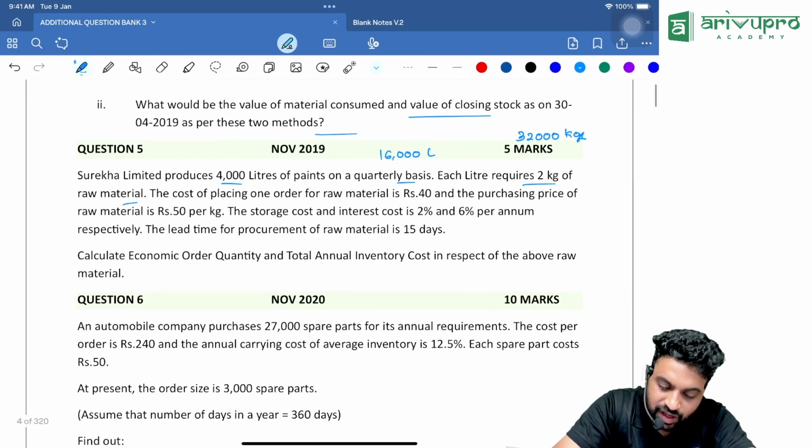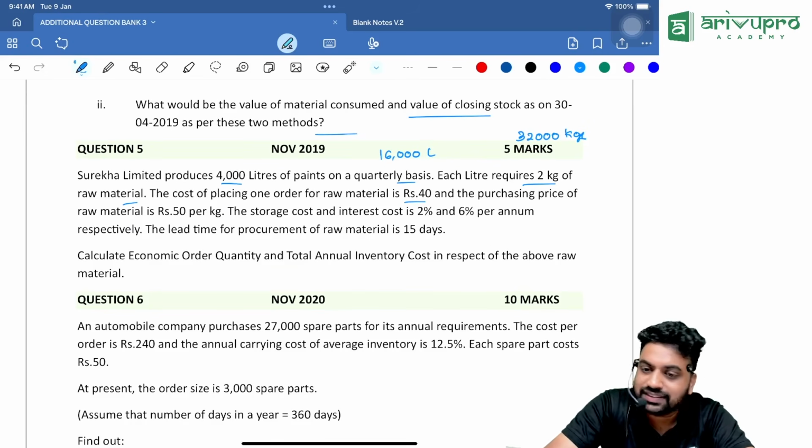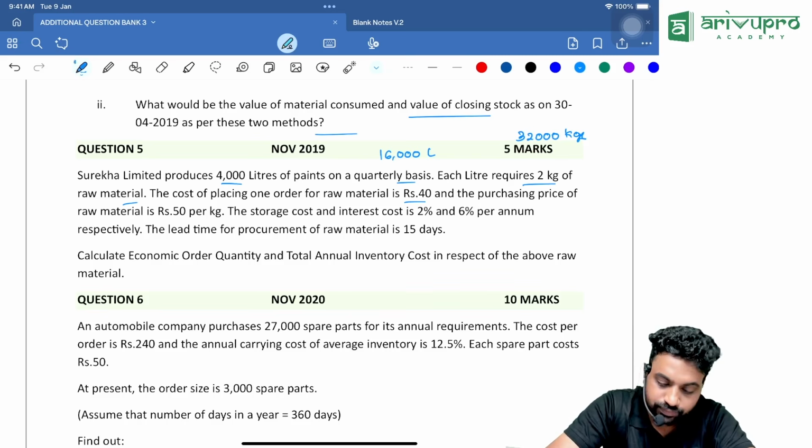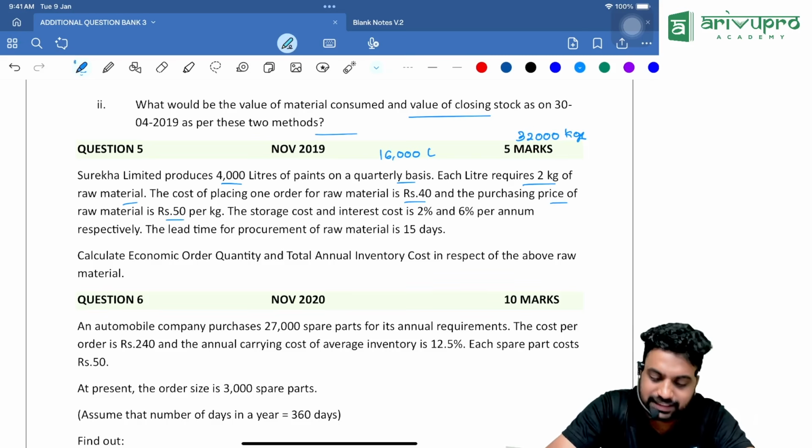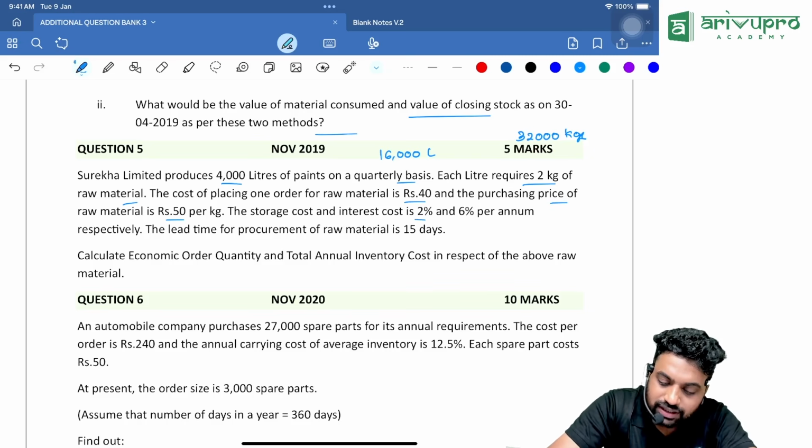The cost of placing one order for raw material is rupees 40, the ordering cost. Purchase price is rupees 50 per kg. Storage cost and interest together is 8%. That is nothing but carrying cost per unit per annum.